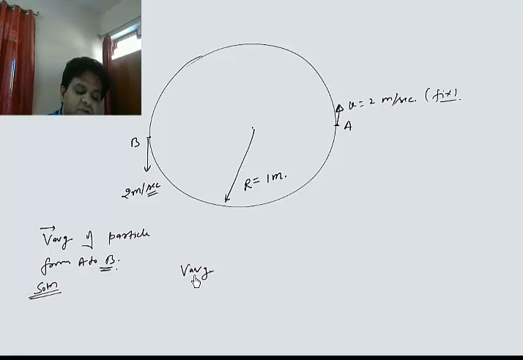To calculate average velocity, let's see the solution. We have to track what is the displacement and what is the time taken by the particle in moving from point A to point B. So the displacement of the particle is this, I think 2r, isn't it?